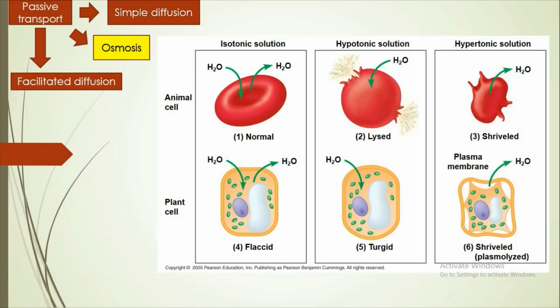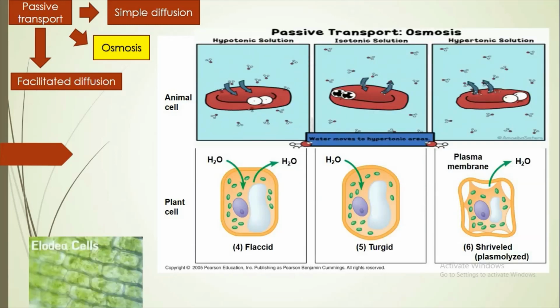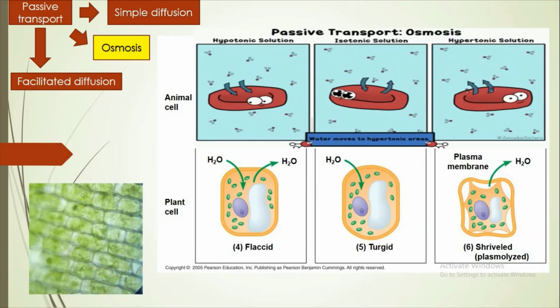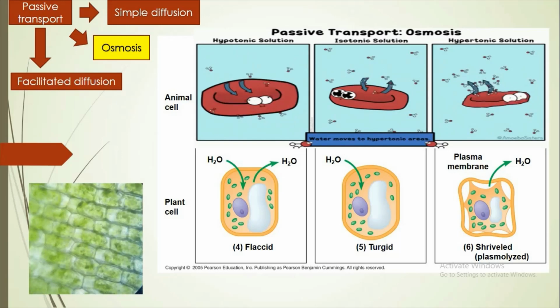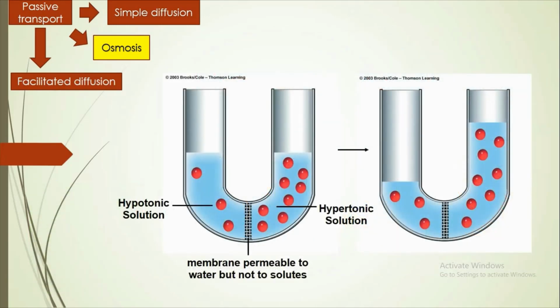But animal cells require isotonic solution because they do not have a cell wall. More water will lead the red blood cell to be lysed, while hypertonic solution will lead it to be shriveled. So here is some animation for the hypotonic, isotonic, and hypertonic solutions for both animal and plant cells.